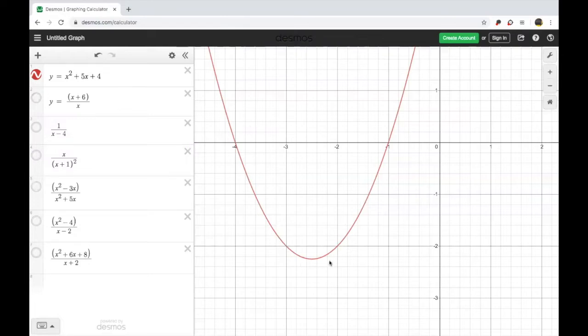If we look at x approaching -3 and I trace here, you'll see right at -3, I am at -2. You can see that we're clearly at a height of -2 on the y-axis. So for this one, the limit and the function value are the same thing.